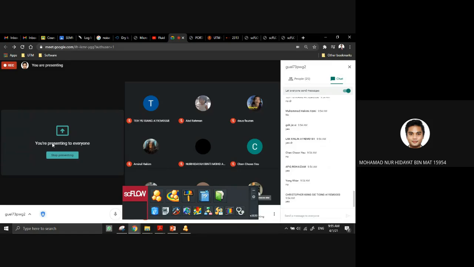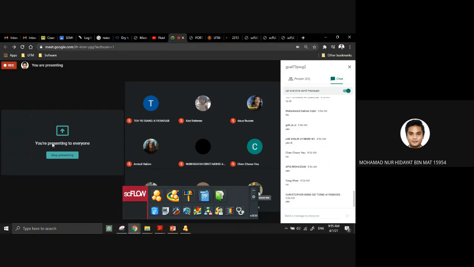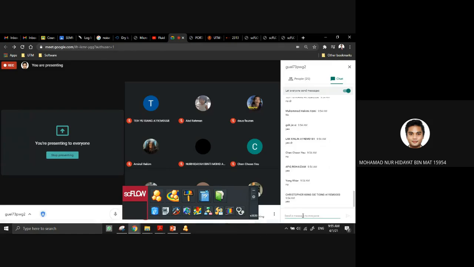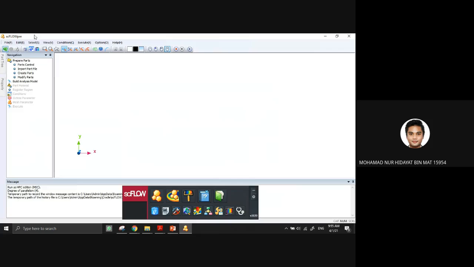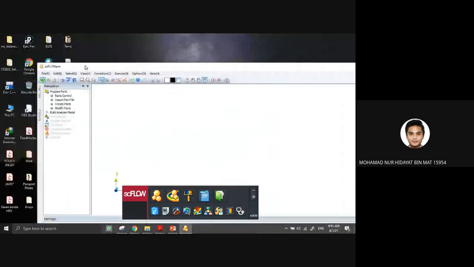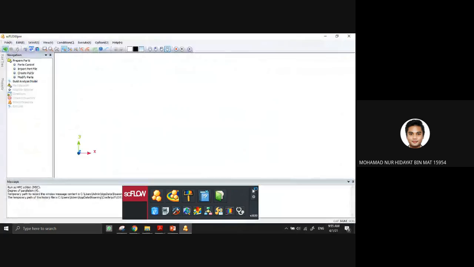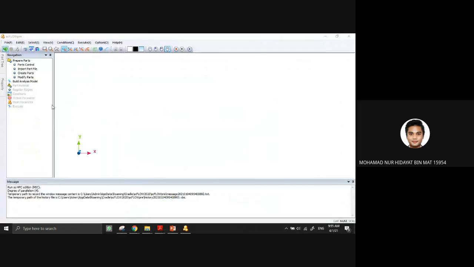Okay, CFD is computational fluid dynamics, right? It is an application to visualize the flow. This is basically the application.